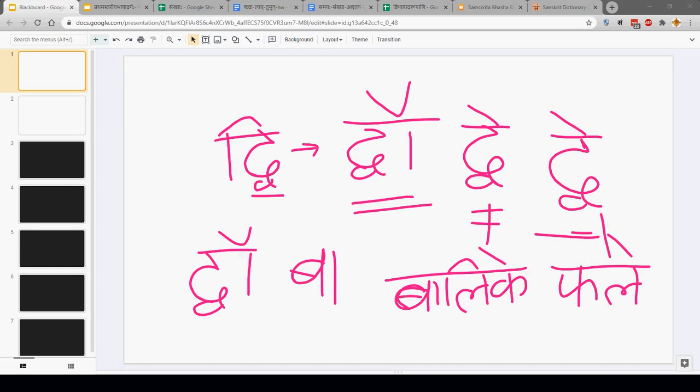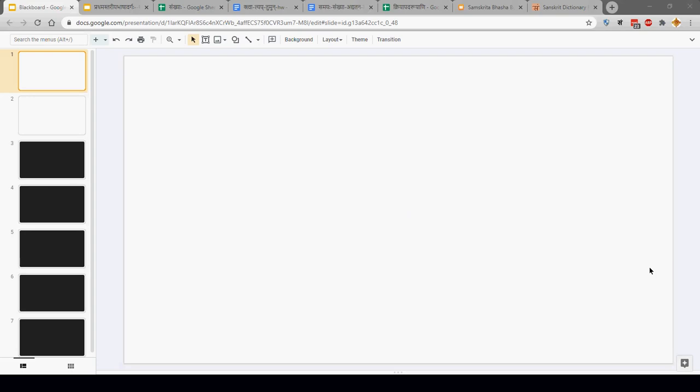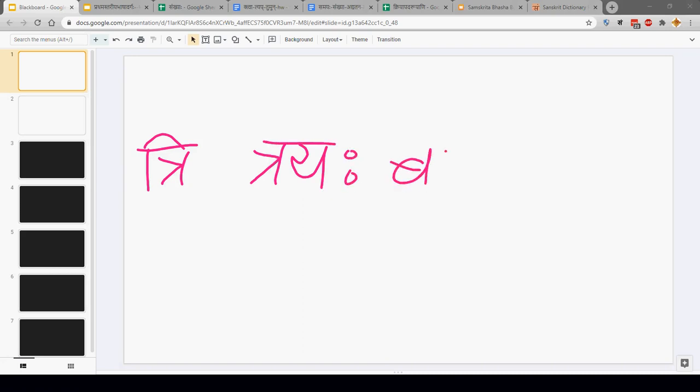That is about dvau. But if there are 3, then obviously we know the bahuvachanam form of balaka is balakaha. Then the base word 3 will also take 3 different forms depending on the lingam. So this becomes trayaha balakaha.